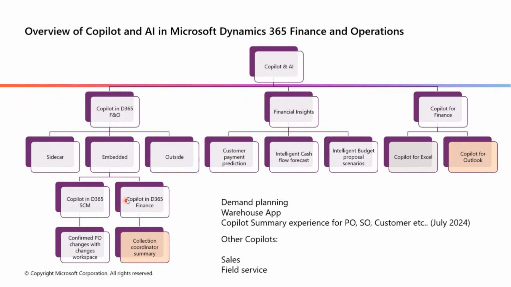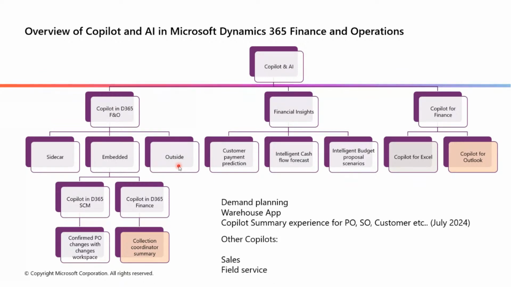Now, the next category of the Copilot offering within finance and operations is the outside Copilot. Using this category, you can call the Microsoft Dynamics 365 finance and operations data sets through other external applications, for example, Teams.